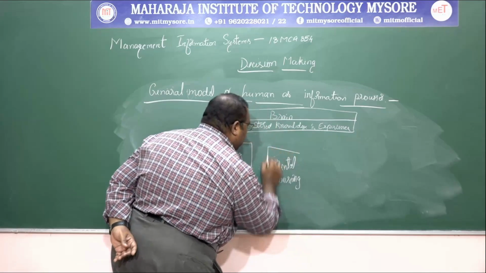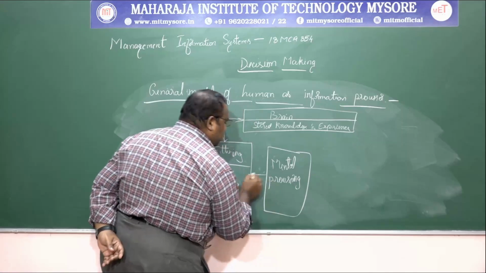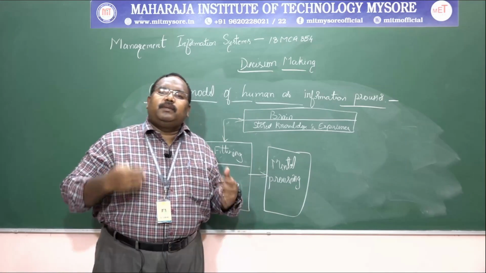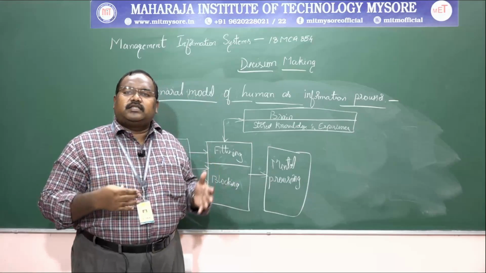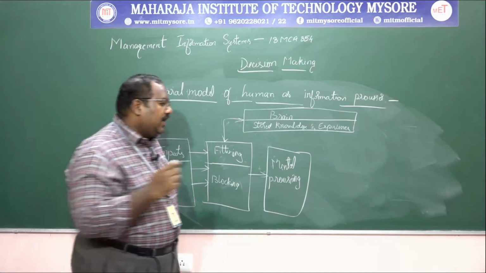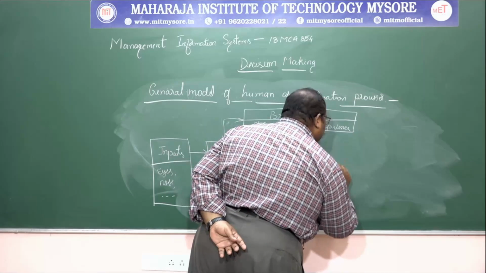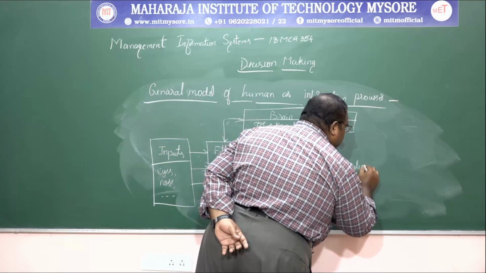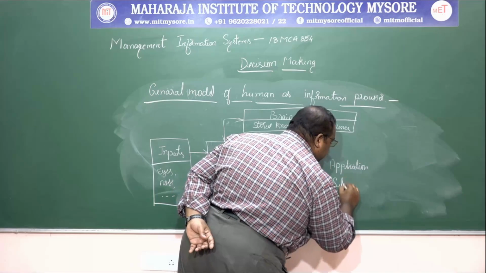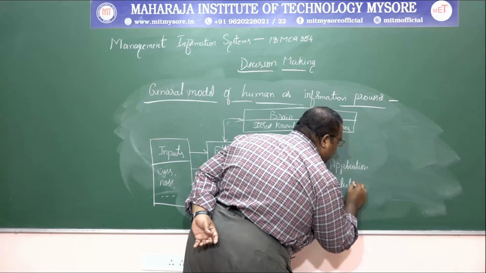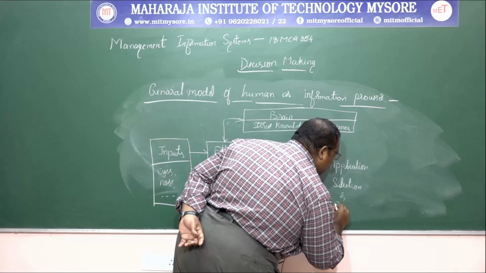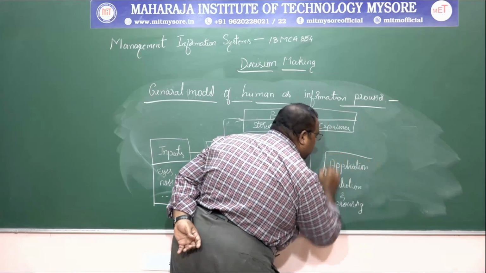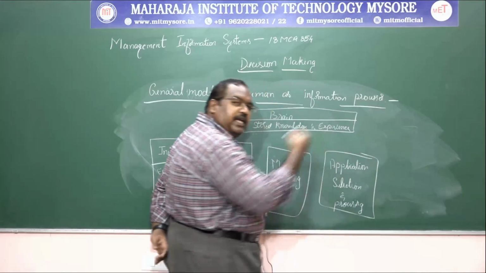When the mental processing activity is happening, it is nothing but, after filtering, what is needed is analyzed or assessed, or sometimes even stored. Then the application selection and processing happens. Application selection means applying the thoughts or doing some activity with respect to the information that is gained.